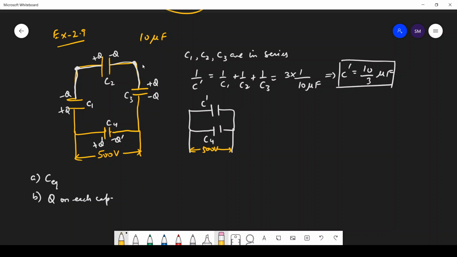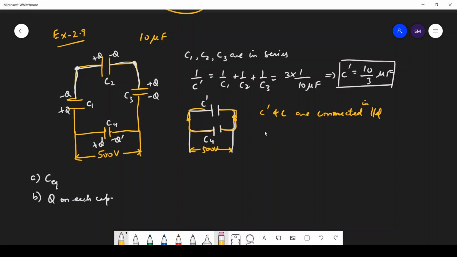So all these three I have replaced with C dash, which is 10 by 3 microfarad. Now C dash and C4 are connected in parallel. You can clearly see that both their terminals are connected, so this terminal and the other one also. So they are connected in parallel.